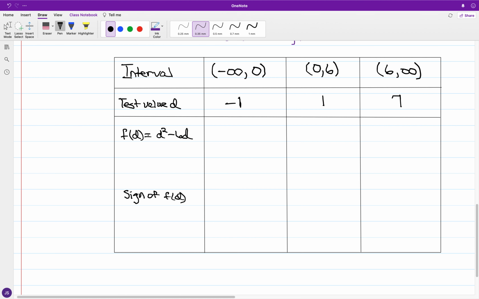And so for testing each of these input values, with f of d equal to d squared minus 6 times d, we have f of -1. That's going to be equal to the square of -1 minus 6 times -1. -1 squared is 1, -6 times -1 is going to be a +6, and so for the output, that is going to be a +7.